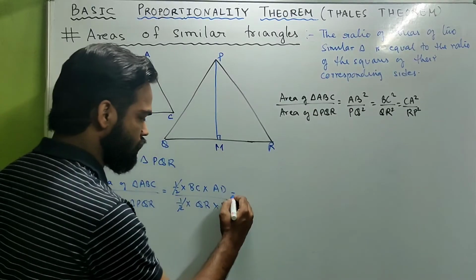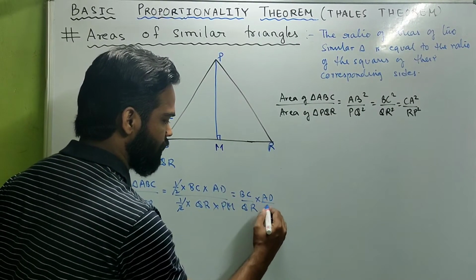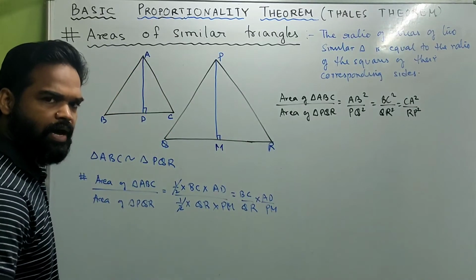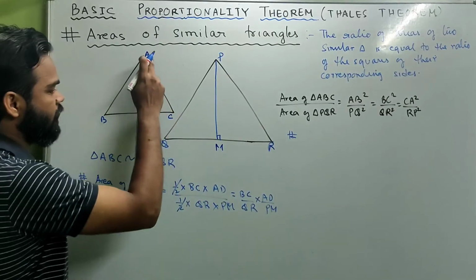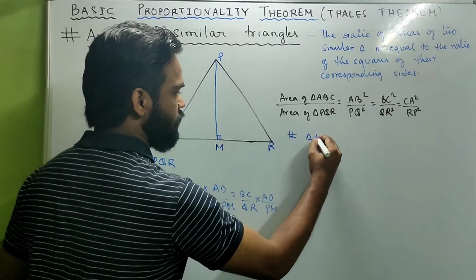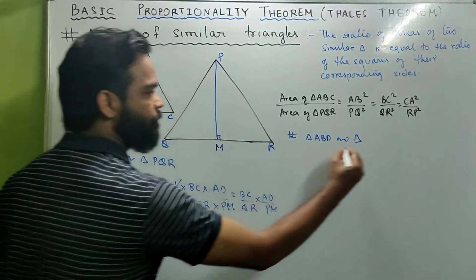This goes away, so this becomes BC by QR multiplied by AD by PM. Done. Now look carefully at triangle ABD and triangle PQM.